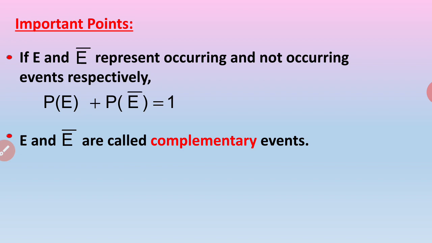Moreover, E and E bar are known as complementary events. One is happening, the other one is not happening. The entire thing adds up to 1 and we call the events complementary events.